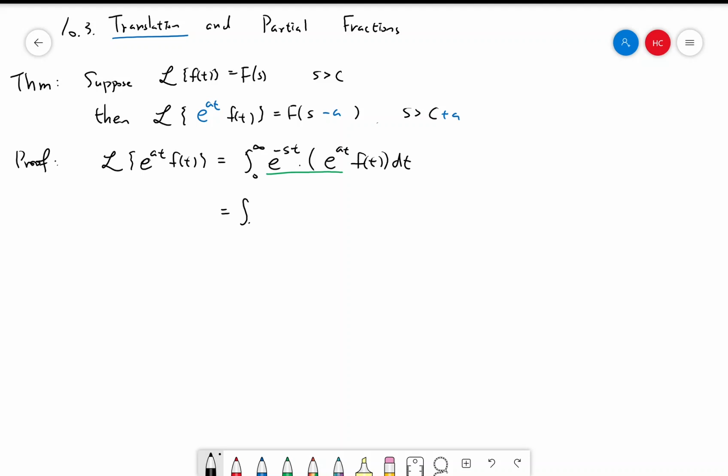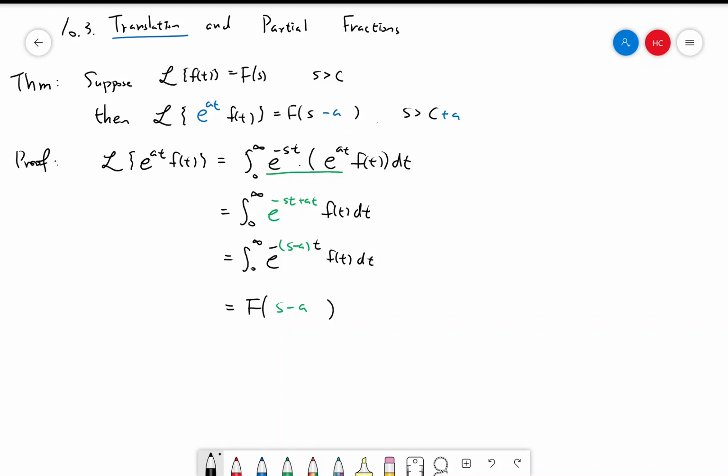So this is equal to the integral from 0 to infinity of e to the negative st plus at times f of t dt, which is equal to the integral from 0 to infinity of e to the negative s minus a times t, f of t dt. And by definition, this is literally equal to the capital F plugging in s minus a. So that's the proof for the theorem.